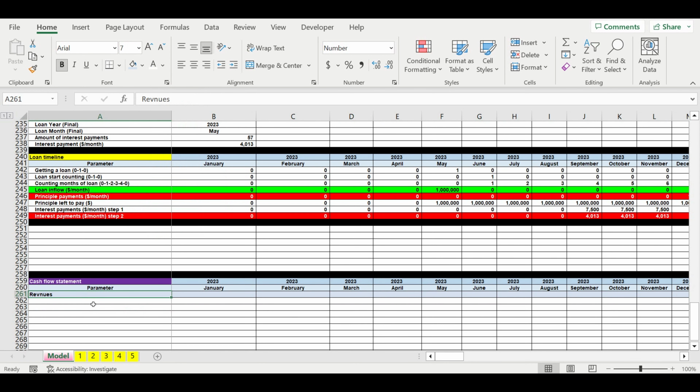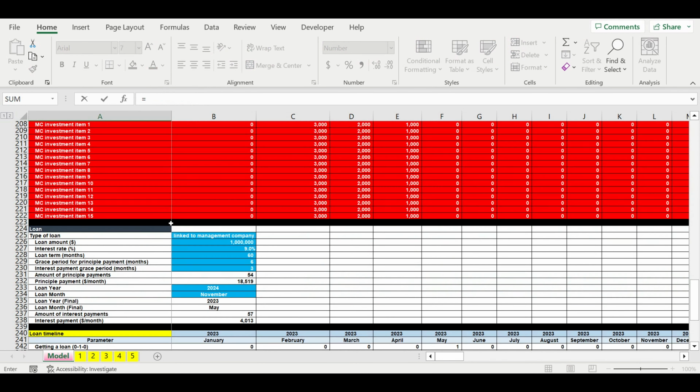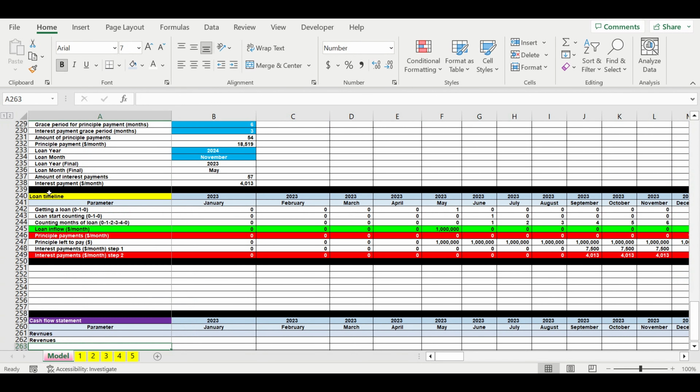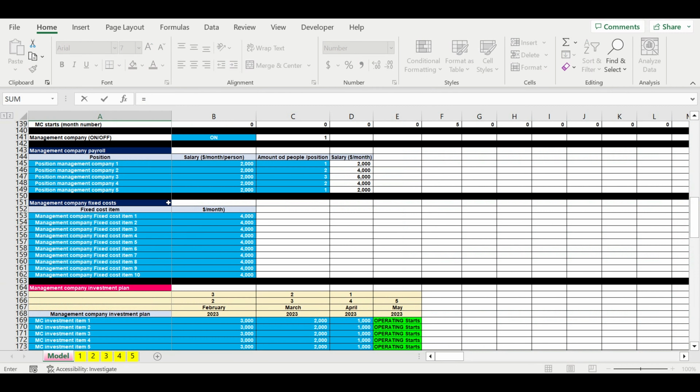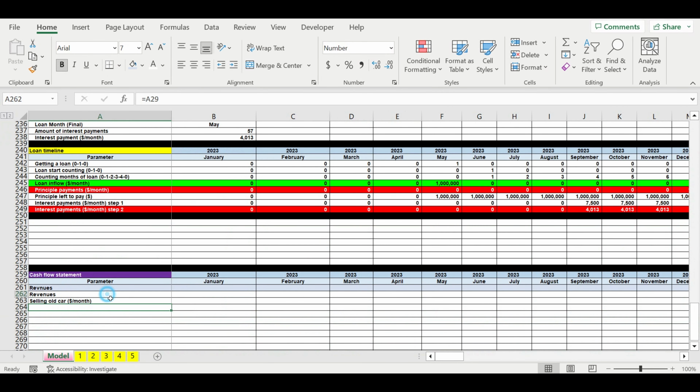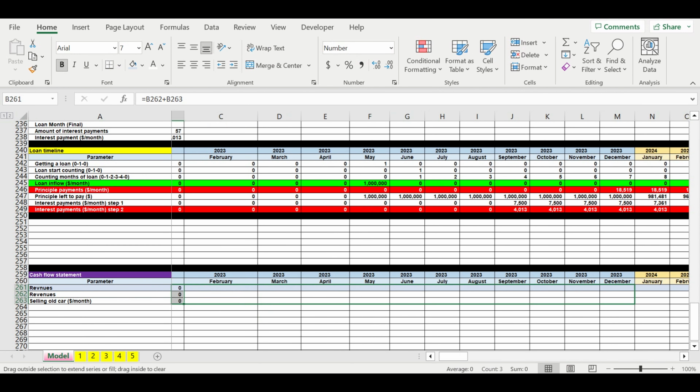Our revenues will consist of two inflows: the revenues plus the moment when we are selling an old car. So our revenues will be linked to this green cell and this green cell. Now let's extrapolate these formulas to the right.